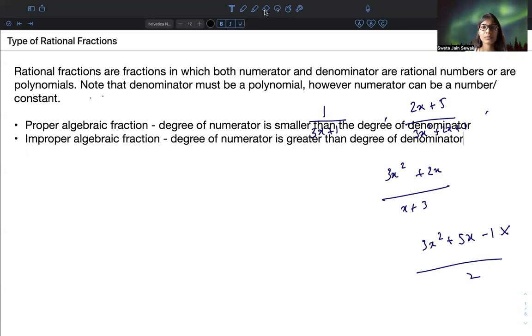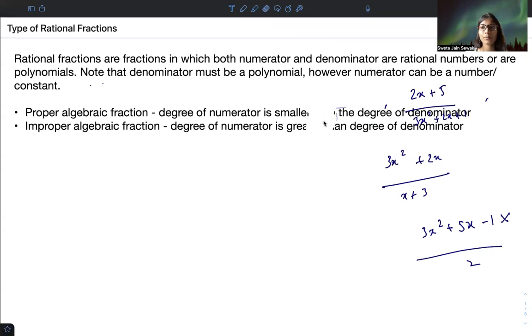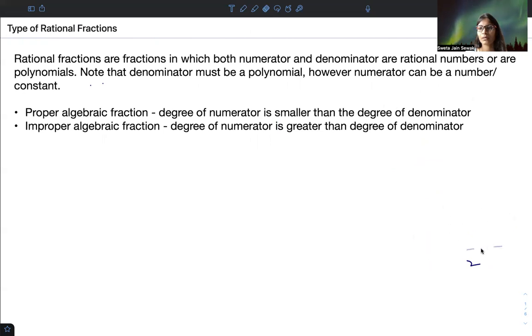So that is what improper and proper fractions are. Now in this video, we will learn about decomposing a proper algebraic fraction, which means the degree of the numerator is always going to be smaller than the degree of the denominator.